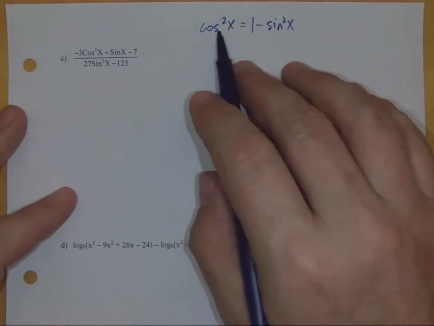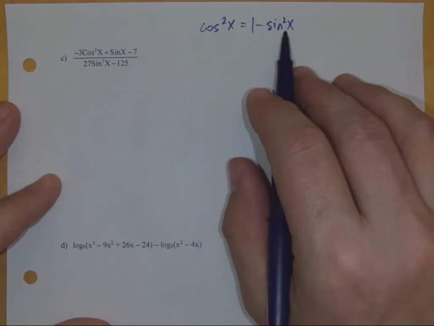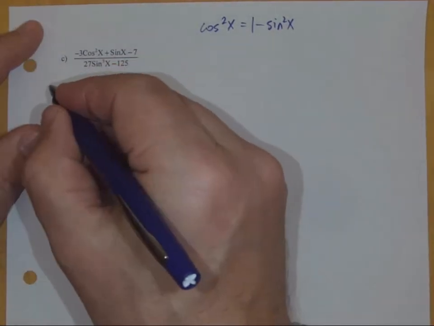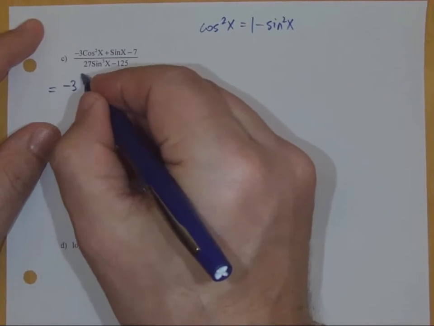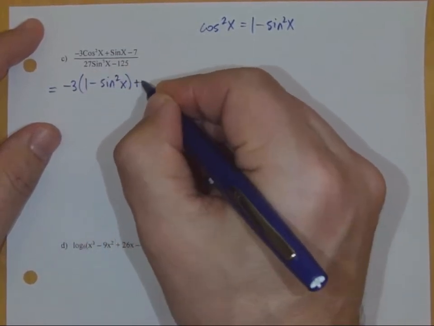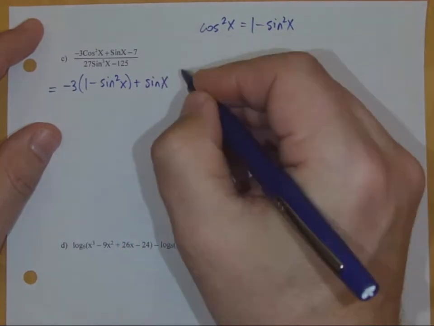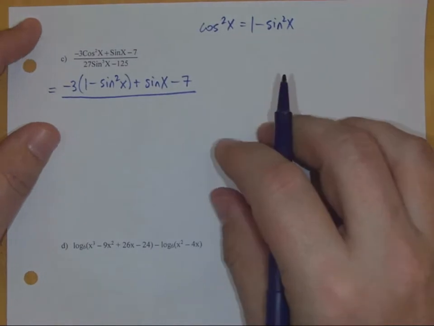We know that cos squared plus sine squared is equal to 1, so if I rearrange that identity, I get this. And I'm going to use that right now to help me simplify this a little bit better. So here we have negative 3 times 1 minus sine squared x plus sine x, take away 7, all divided by.